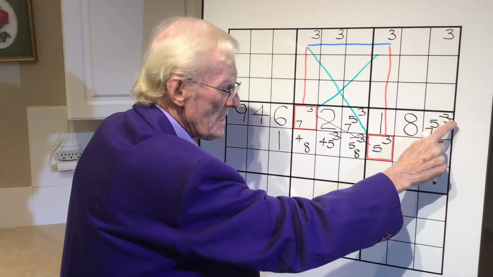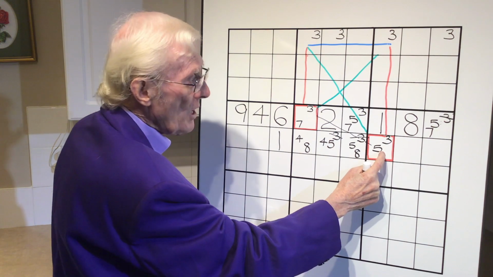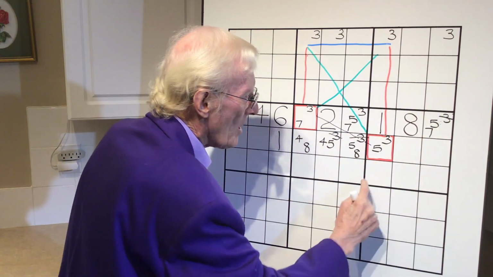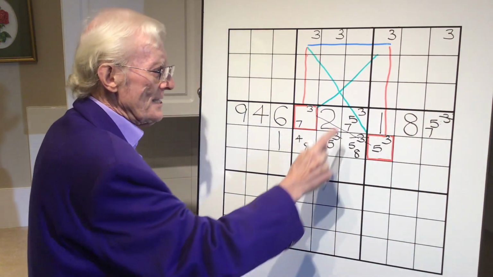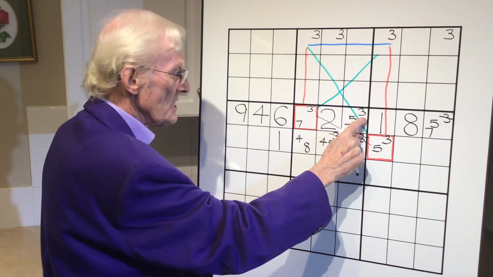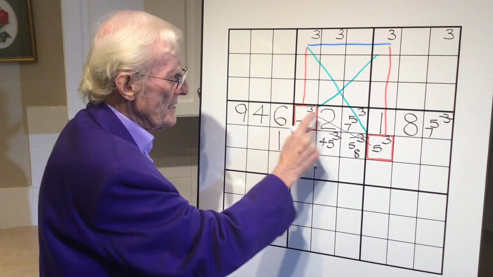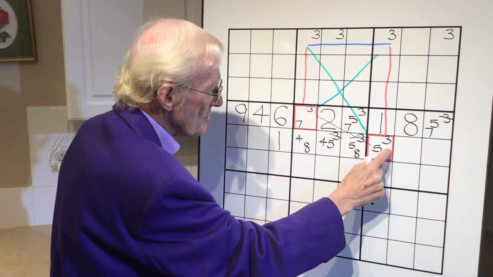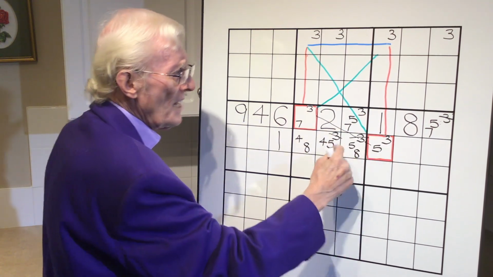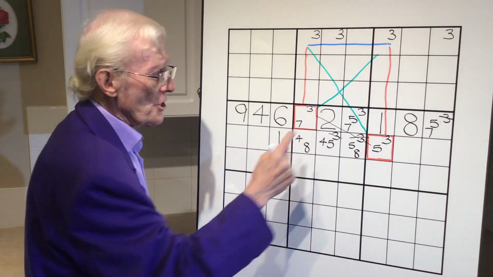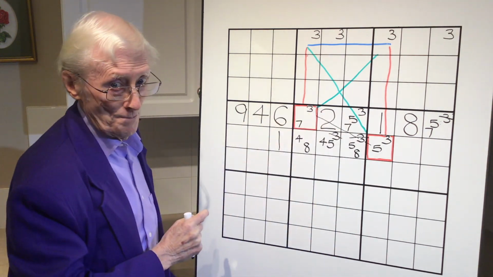Whereas this 3 sees this 3, it's in another row, but it's in the same block. That's important. And this 3 here cannot see this 3 because it's in the same block. And this 3 cannot see this 3 because it's in another block. And so we can leave that 3 alone.